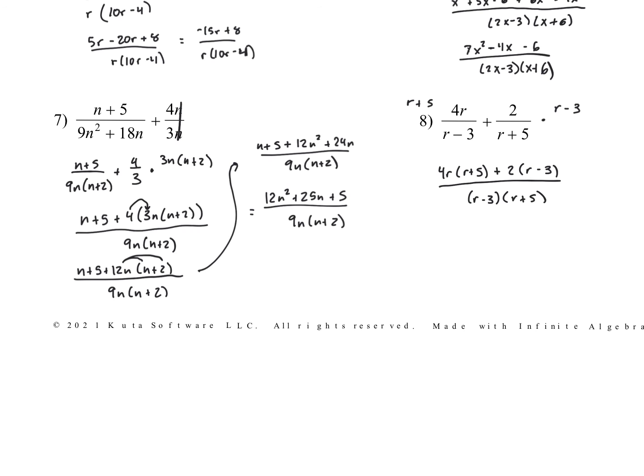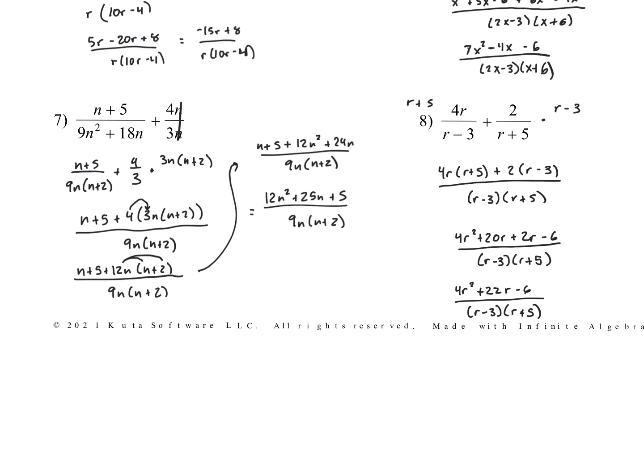Okay, so now I'm going to distribute in my numerator 4r squared plus 20r plus 2r minus 6. Okay, I'm going to combine like terms. 4r squared plus 22r minus 6 over r minus 3, r plus 5.